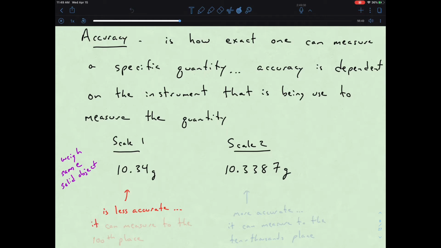It can basically measure to the 100th place.